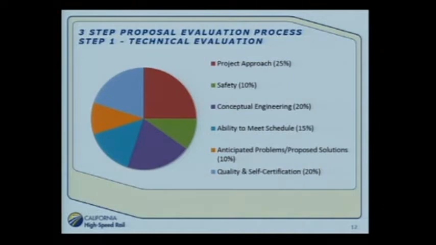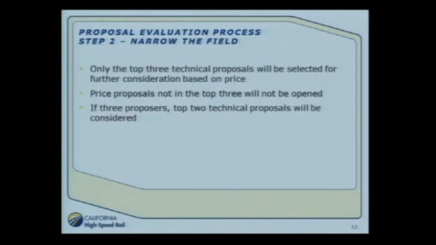If we have only 4 proposals, we again will just go with the top 3. If we had 3 proposals, we'll just select the top 2 to move on to the next price component. So that's how we narrow the field. The top 3, and we move on, or the top 2 technical if there's only 3.